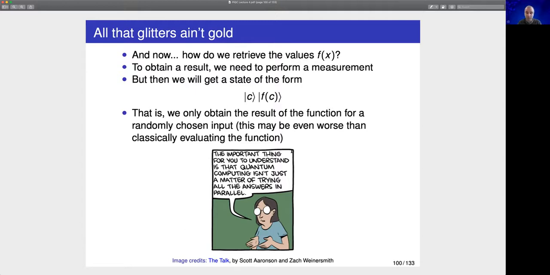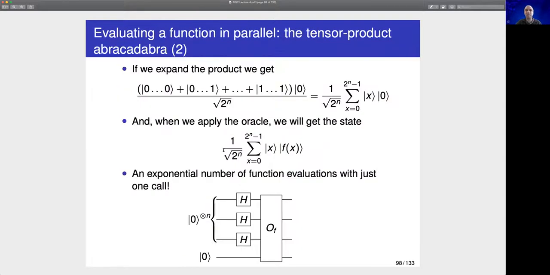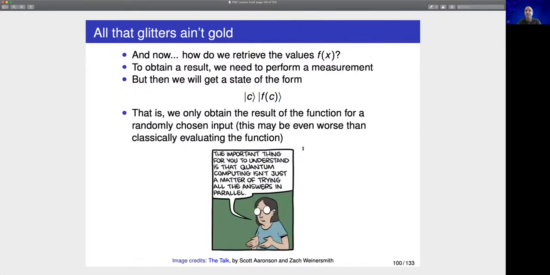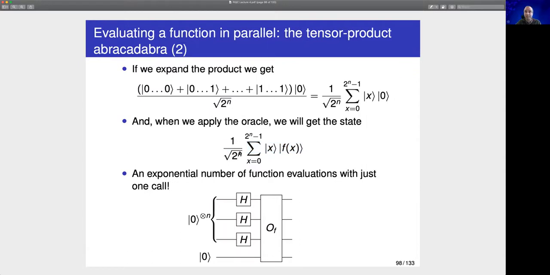But when we measure a state like this one here, this is going to collapse into one of the possible states of the superposition. And the state that we are going to obtain is going to be completely random. All of them have the same probability, 1 over 2 to the power n, okay?